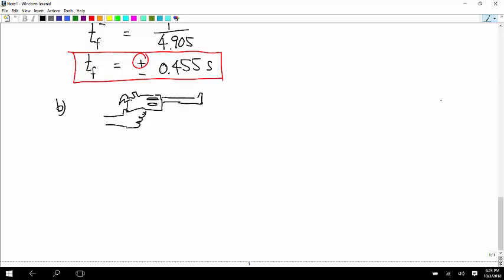It's like a dirty, hairy gun. And so this time the bullet will be shot horizontally. The height is 1 meter again.